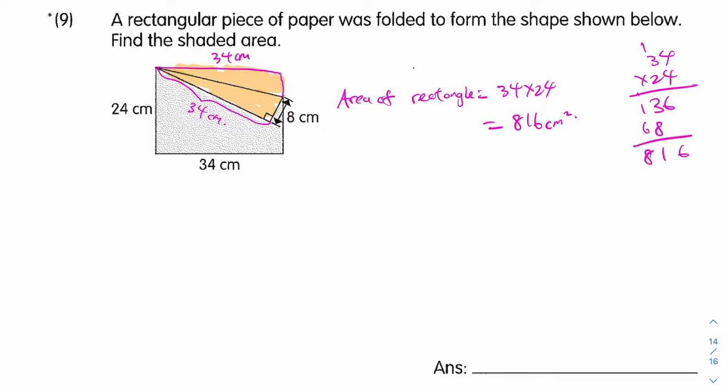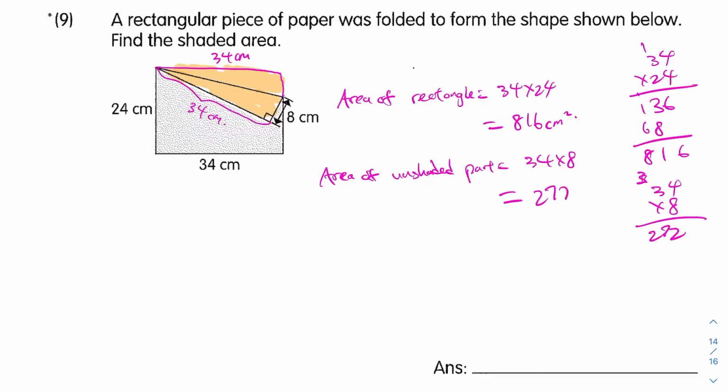Okay, so to find the area of the shaded part, we can just take area of, well, unshaded part would be 34 times 8. So 34 times 8 would be 272 square centimeters. That's actually this whole orange part here.